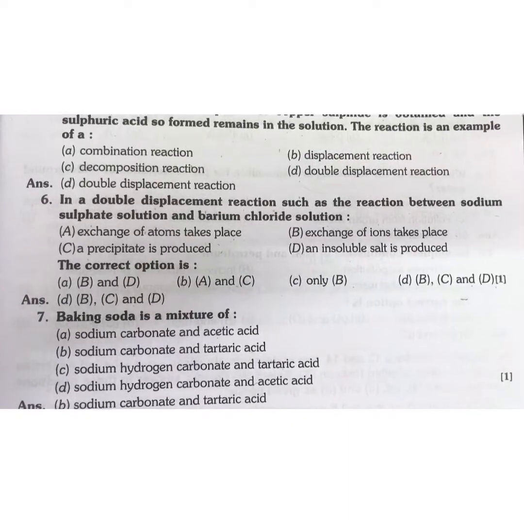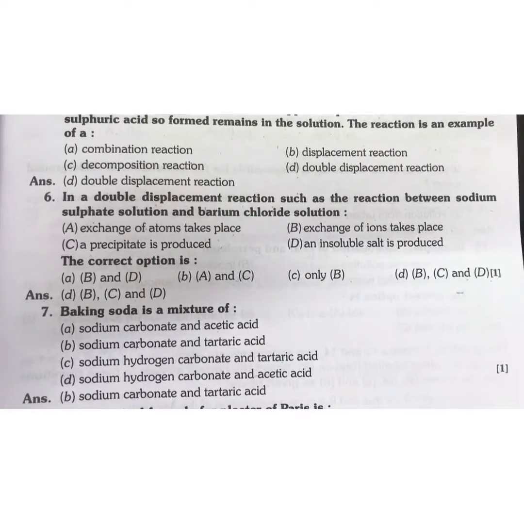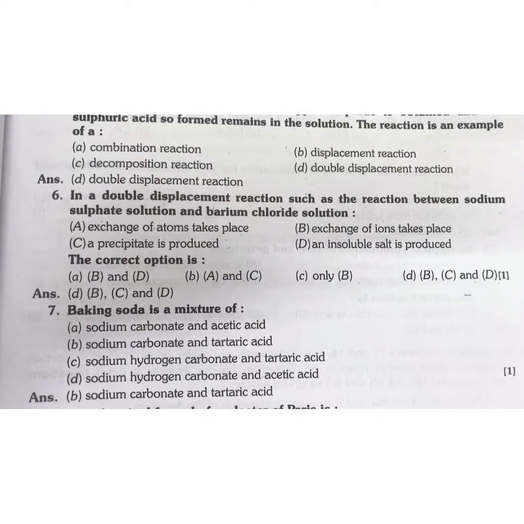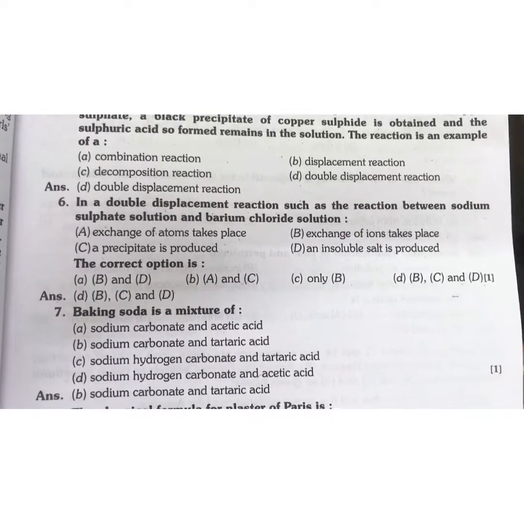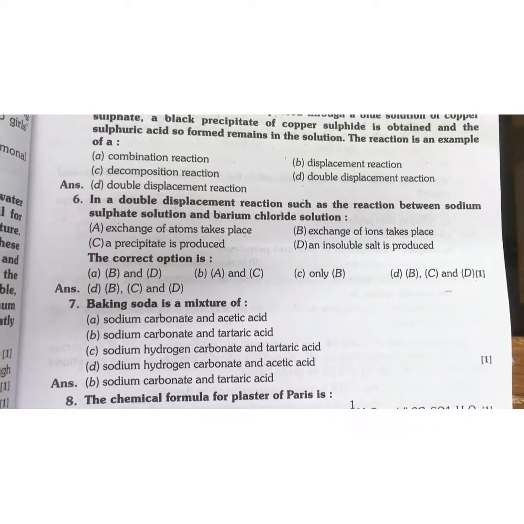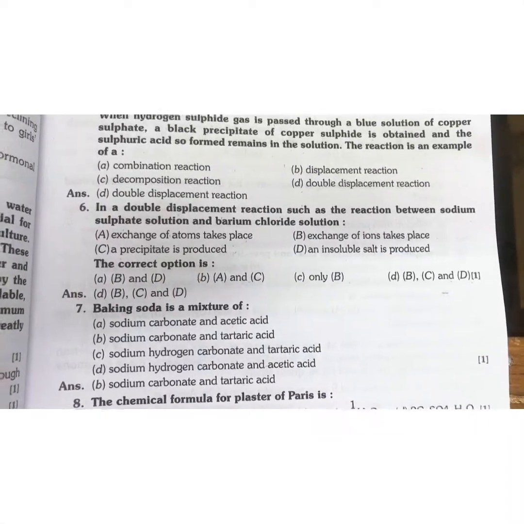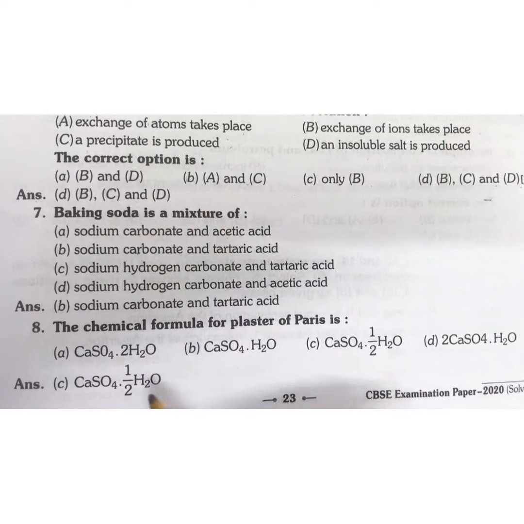And you know that sodium carbonate, if we are using it for baking, and if only sodium carbonate is there, it will cause a bitter taste. So tartaric acid should be there so that it can neutralize the taste of sodium carbonate, which is used for baking products, right? So you need to remember all these things properly so that you can answer questions.